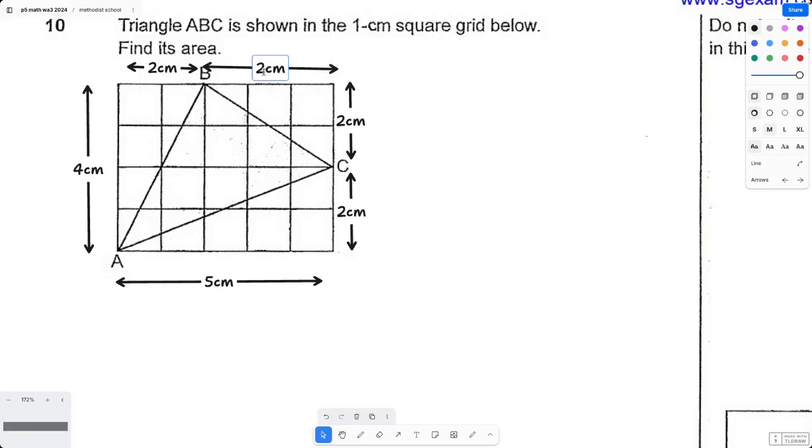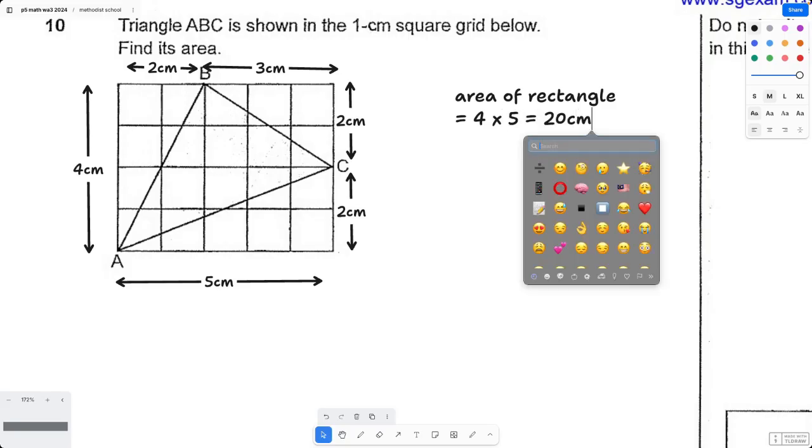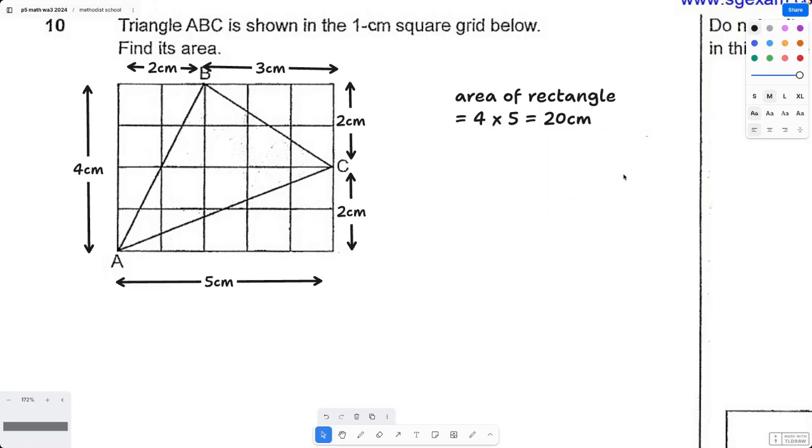So the longer way is basically the area of the rectangle is equal to 4 times 5, equal to 20 centimeter square.